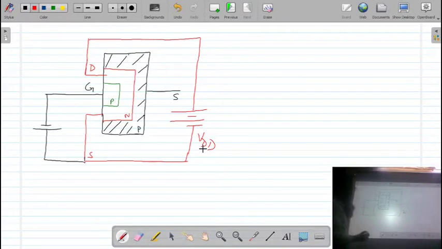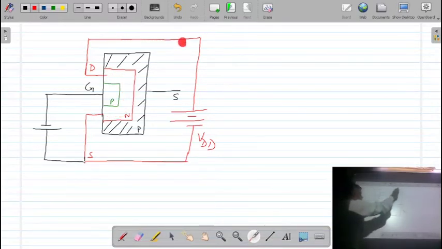Now look, here there is a free electron. This electron will go in this direction under the influence of the positive voltage of this battery, or better to use the word, under the influence of the electric field between these 2 points.